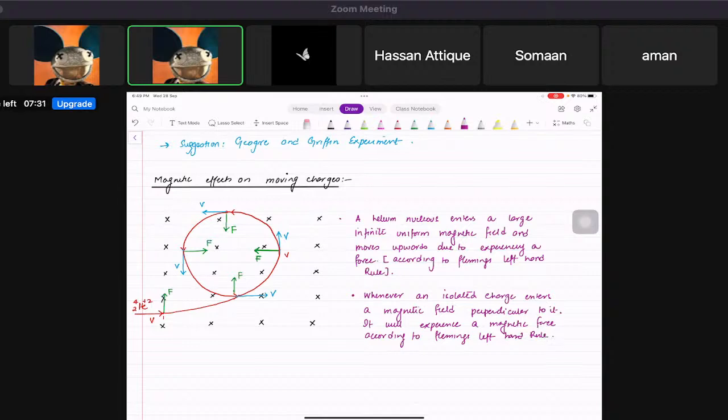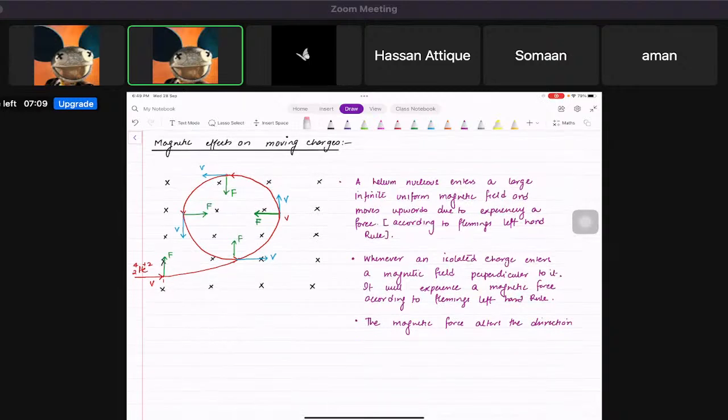Now, the second point is that the magnetic force alters the direction of the velocity vector and therefore alters the direction of the instantaneous current. Instantaneous current means wherever the charge is moving causes current.